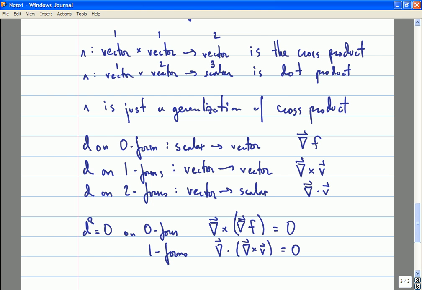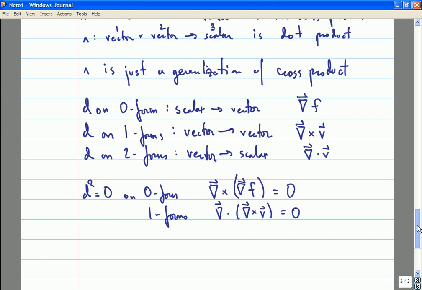So you should really think of this exterior derivative and the wedge product as higher dimensional generalizations of the curl and of the cross product and gradient operator that you encountered in your classes on multivariable calculus.